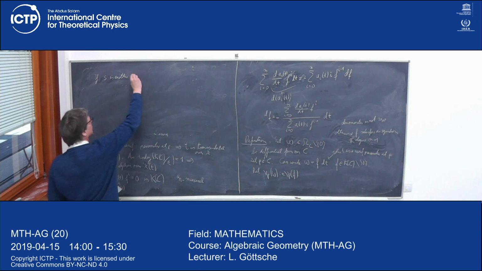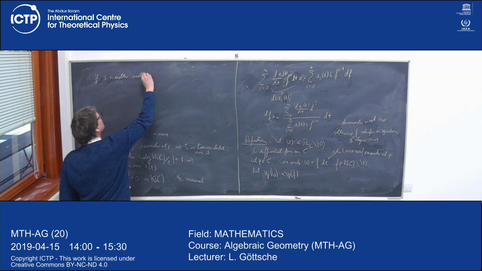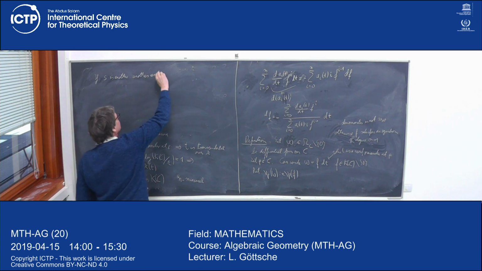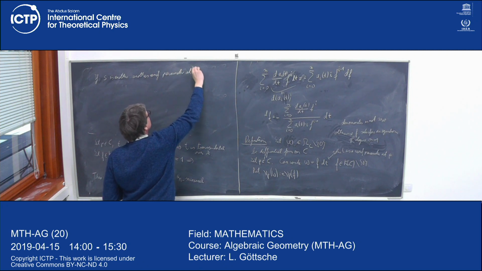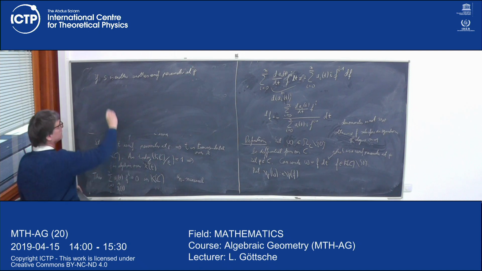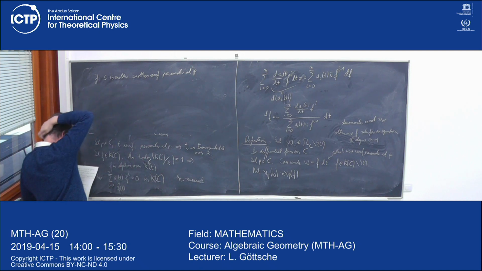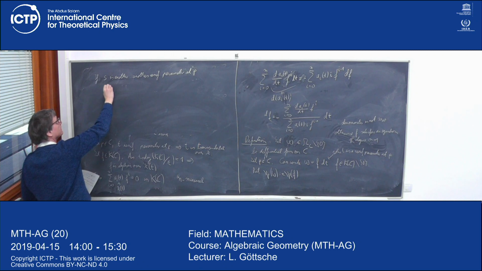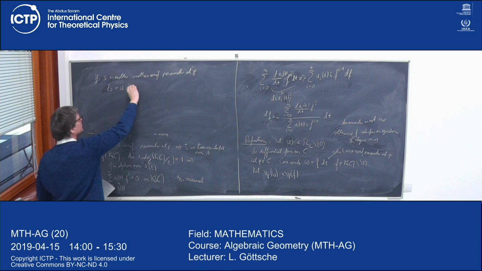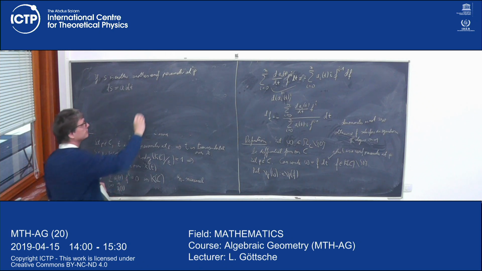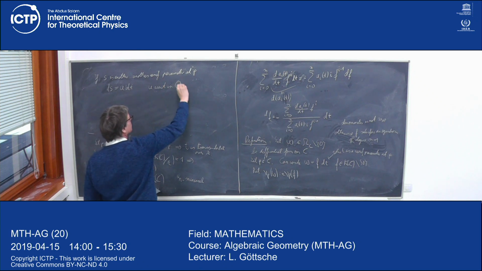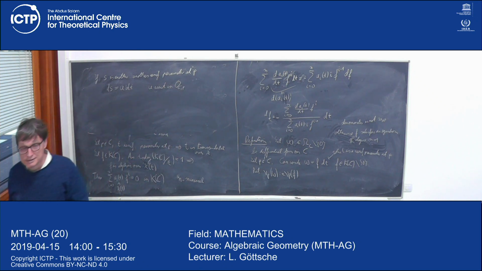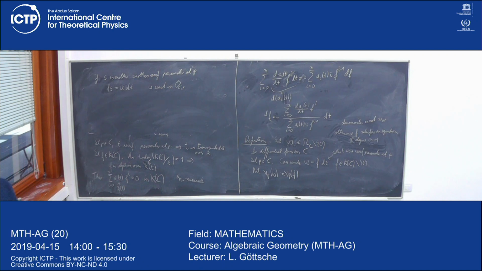So if S is another uniformizing parameter at P, then we know that ds is equal to u times dt, where u is a unit. This was the part of the theorem I didn't prove.